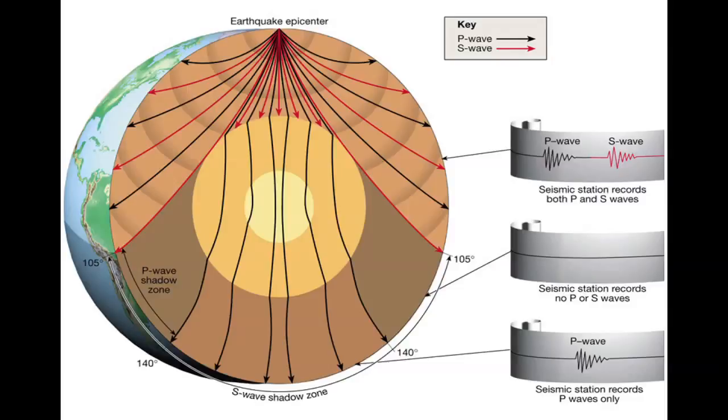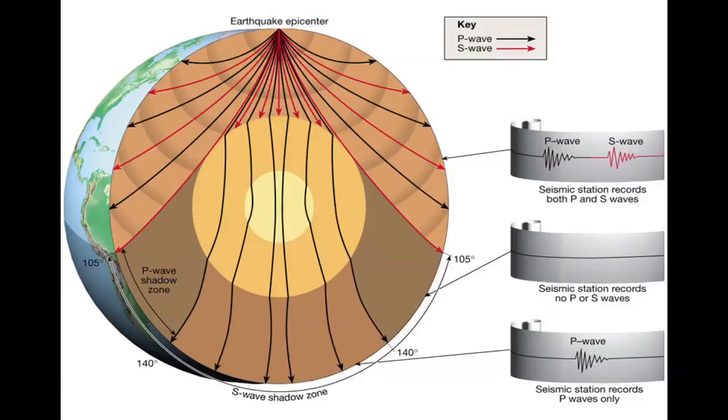So that tells, if somebody looks at a seismic readout, let's say they're in Antarctica and they've got a seismograph and they see an earthquake on the seismograph, and it just shows a P wave, that person's going to know that earthquake was somewhere in the northern hemisphere probably, or very far north of where their location is.